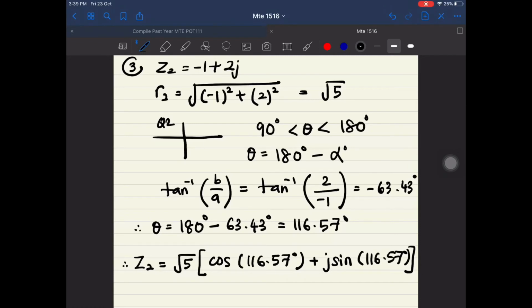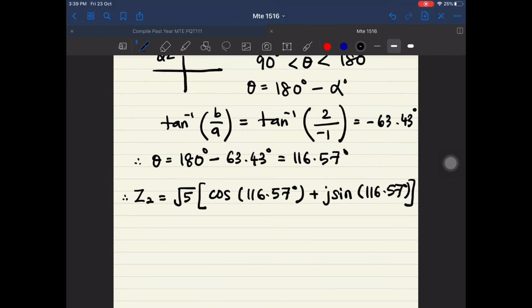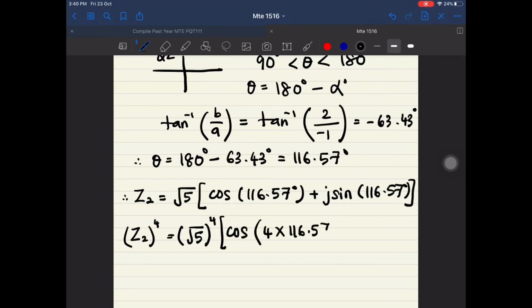So for you to find z2 to the power of 4, by using De Moivre's theorem, you will have square root of 5 to the power of 4 cos 4 multiplied by 116.57 plus j sine 4 multiplied by 116.57.